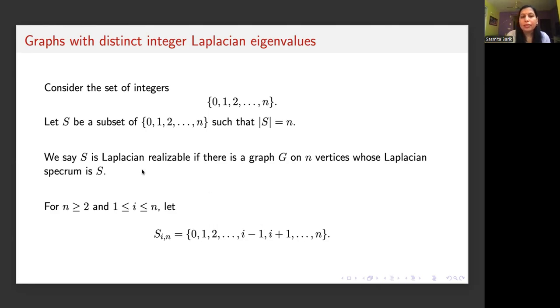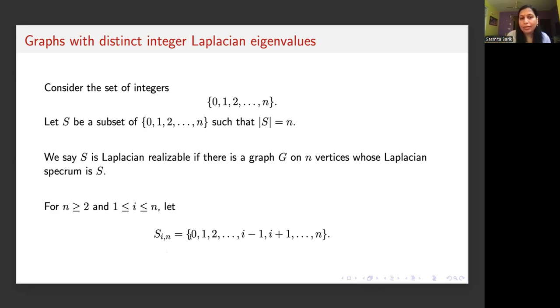The question was proposed by Steve and others: does there exist a graph which will take this spectrum? If you leave out i, I denote this set as S_{i,n}. It contains all the numbers except i from 0 to n. So, is there a graph which has the Laplacian spectrum S_{i,n}?